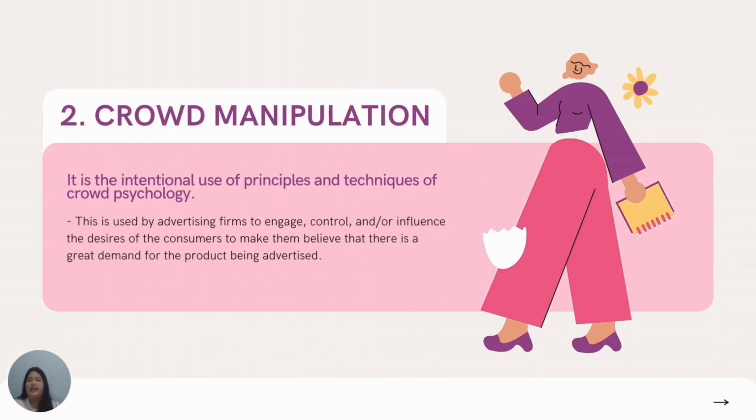Number 2, crowd manipulation. It is the intentional use of principle and techniques of crowd psychology. This is used by advertising firms to engage, control, and influence the desires of the consumer to make them believe that there is a great demand for the product being advertised.